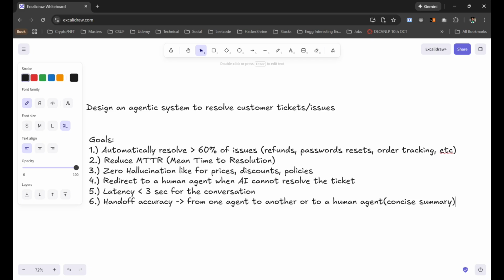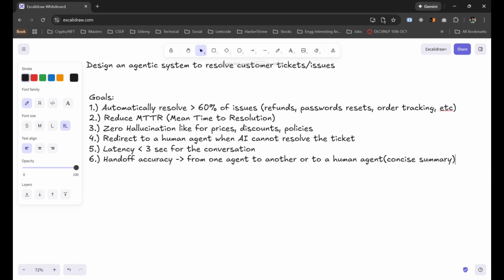We don't want the customer to repeat what the issue has been or what conversation they have had with the AI. It should be passed on, and the handoff should go to the human agent if we come to a situation where point number 4 has to be executed. So these are a few goals. There are many more. It's a very open-ended problem, and it doesn't solve everything, but you can create multiple agents who can solve different issues.